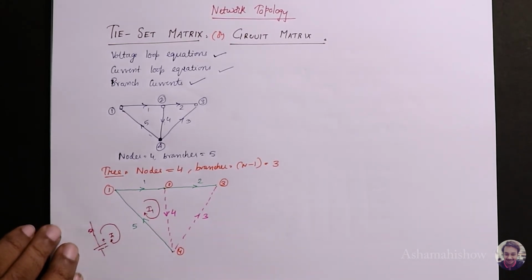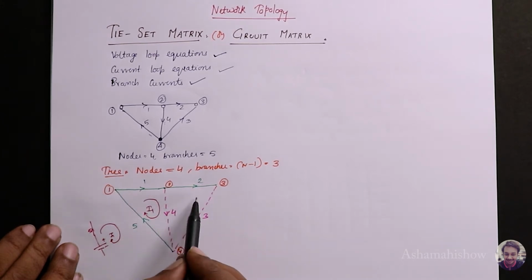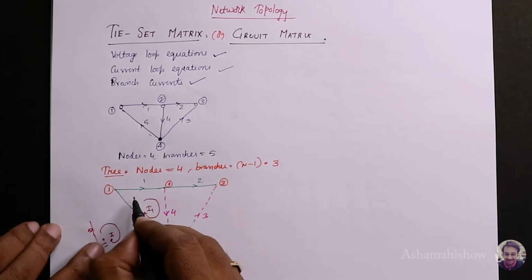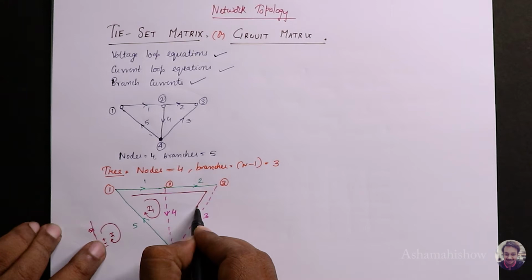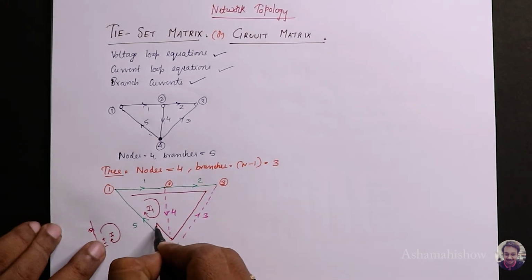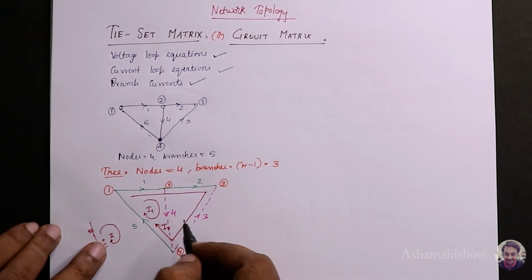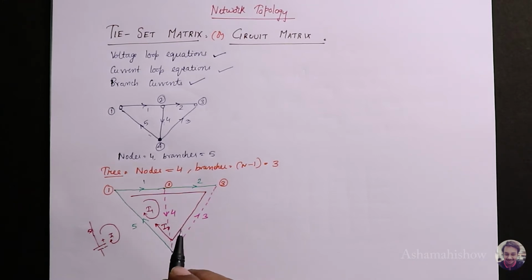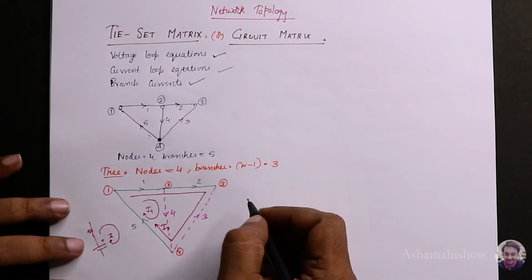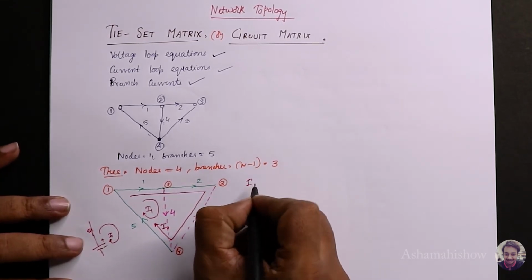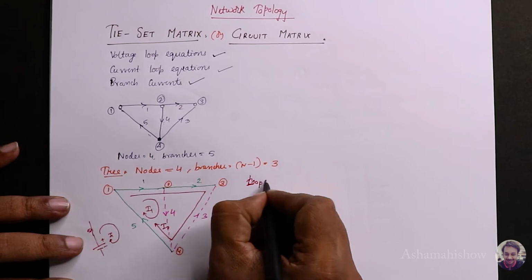The second loop is the total loop, that is I2, and I1 and I2 should be assumed in the same direction. Now let me write the equation for loop I1.